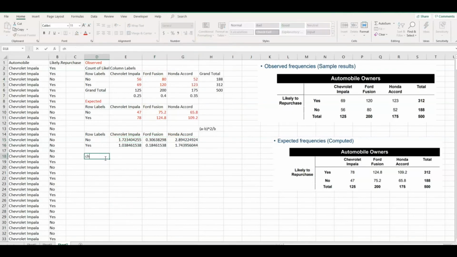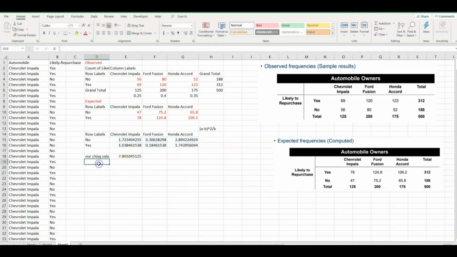So this is our chi-square value. It's simply the summation, so the sum of these 6 values will be our chi-square.